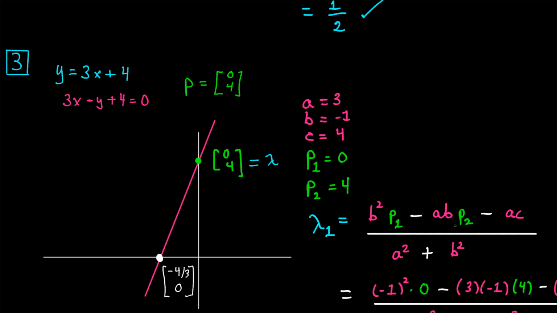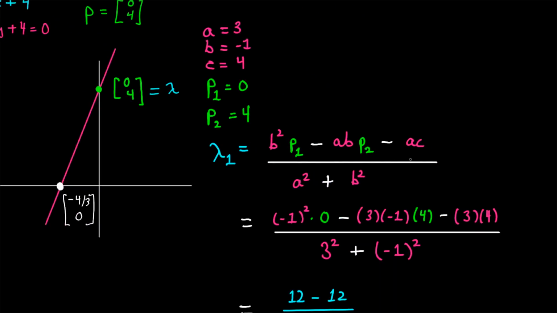Lambda 1, same formula as before, but I'm going to say it again. b squared p1 minus ab p2 minus ac over a squared plus b squared. Plug in all the values. Minus 1 squared, that's b squared times 0, so b squared p1, minus 3 times minus 1 times 4, which is a times b times p2, minus 3 times 4, which is minus 12, all over 3 squared plus minus 1 squared.